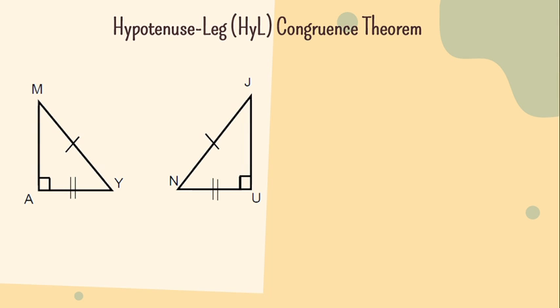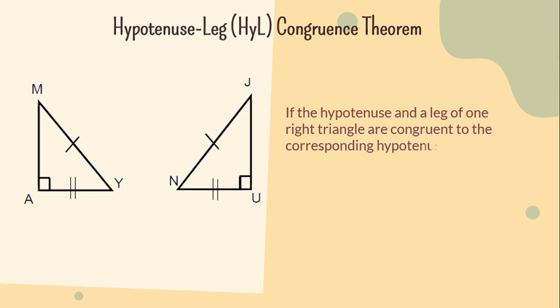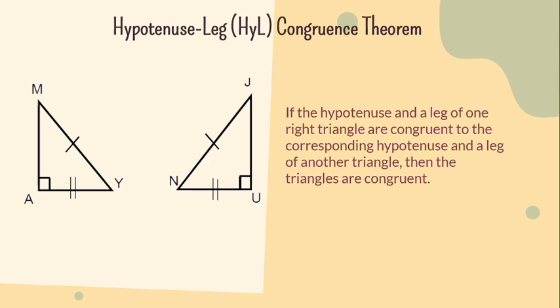And the last one is the hypotenuse leg congruence theorem. So here, if the hypotenuse and a leg of one right triangle are congruent to the corresponding hypotenuse and a leg of another triangle, then the triangles are congruent. So dito, let's list. So we have the hypotenuse, tapos leg, tapos yung ating right angle. So for the hypotenuse, we have MY is congruent to JN.